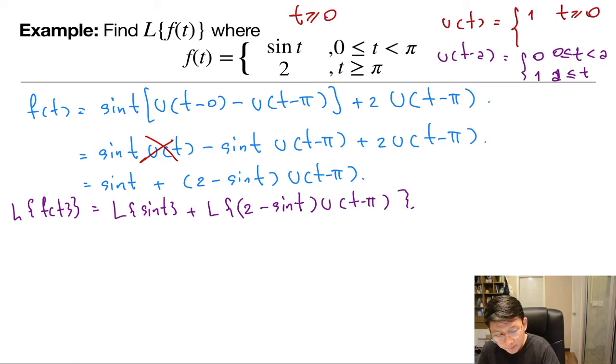Here the Laplace transform of sin t, there's no problem about that, right? It's just 1 divided by s squared plus 1. So what is the Laplace transform of (2 minus sin t) u(t minus pi)? We want to find the Laplace transform of (2 minus sin t) u(t minus pi).